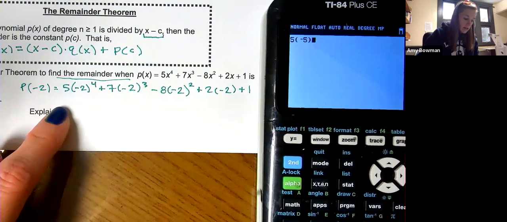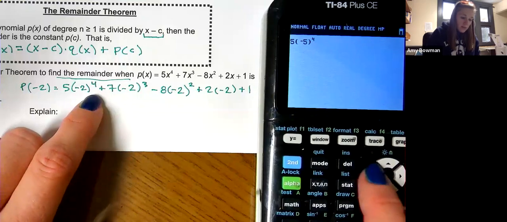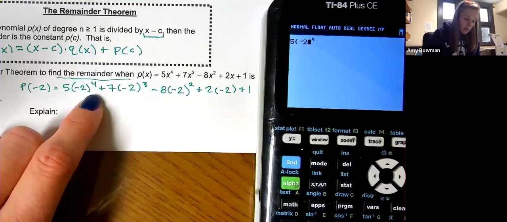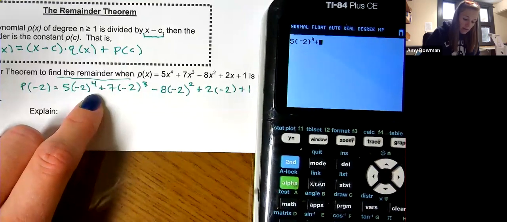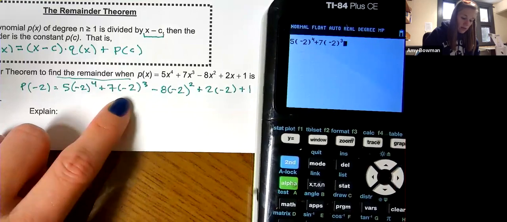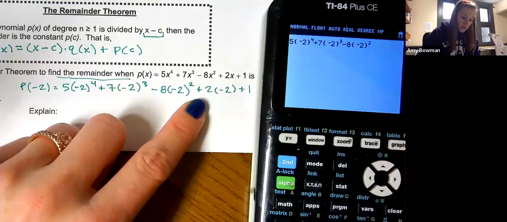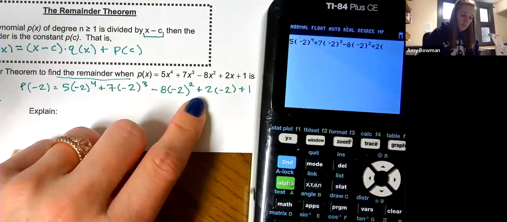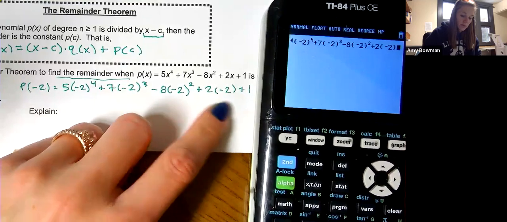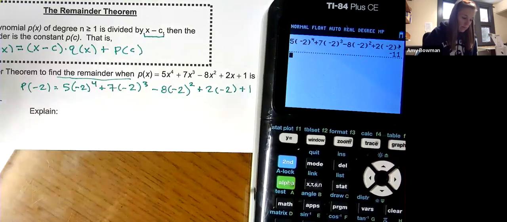So 5 times -2 to the fourth. Yep, see, way to go, miskeyed. Okay. Plus 7 times -2 cubed, minus 8 times -2 squared plus 2 times -2 to the first plus 1. That's not right.